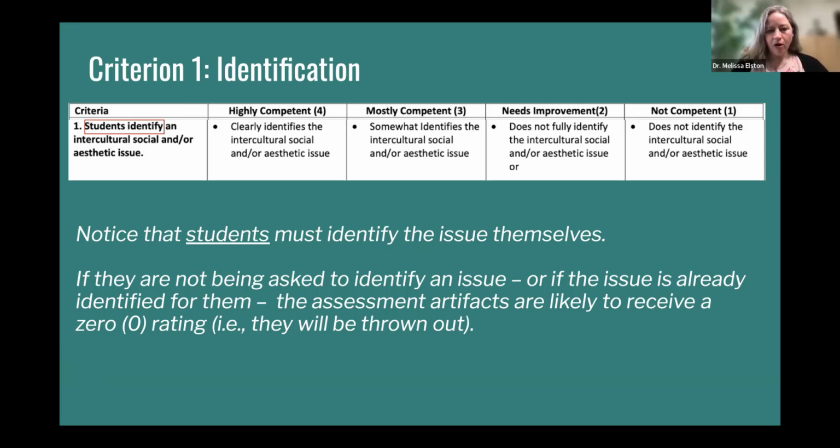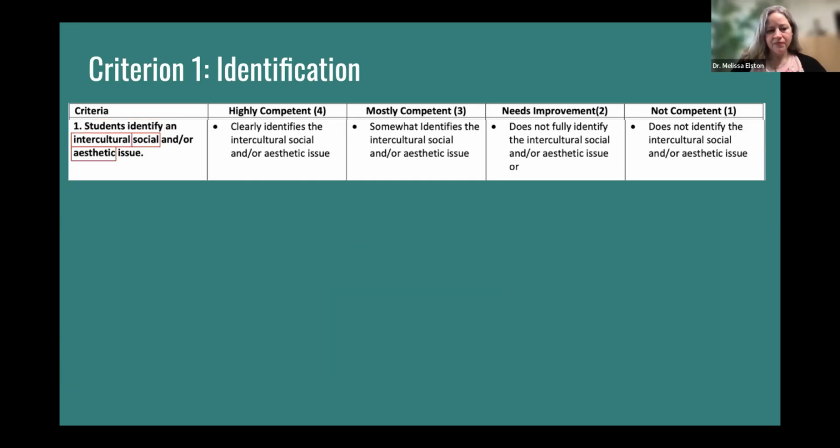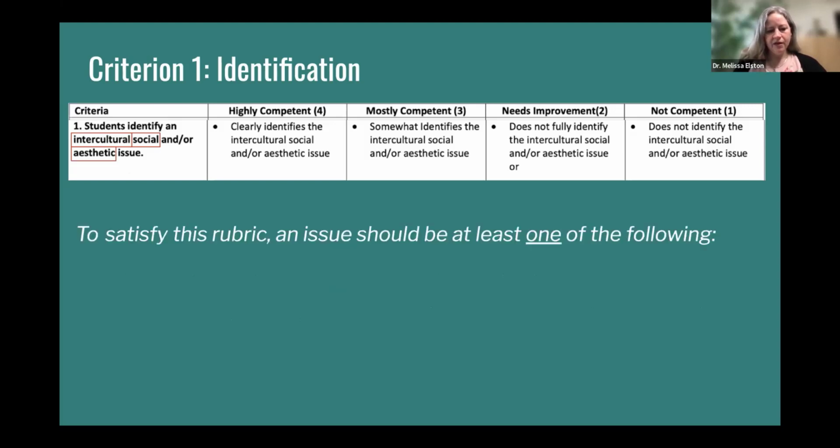Okay. The other part that I just want to go over briefly with everybody is this cluster of words: intercultural, social, or aesthetic. Sometimes it helps just to have common definitions of these things. And again, I want to emphasize that there's some missing commas here.